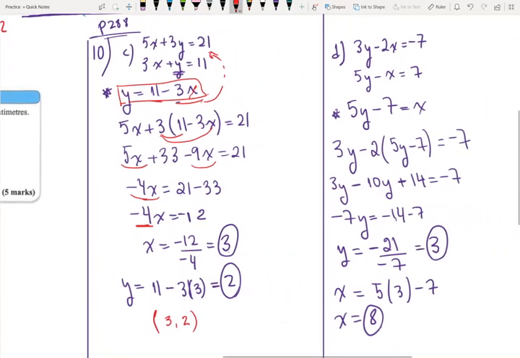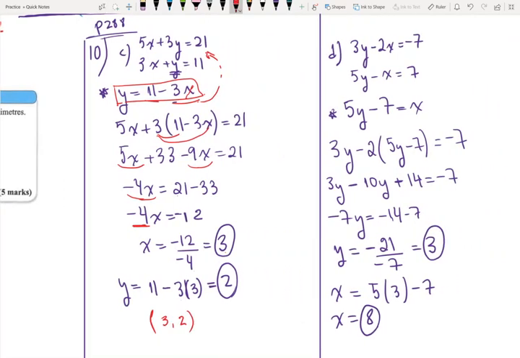In part D, you have 3y minus 2x is equal to minus 7, and 5y minus x equals 7. So let us write x in terms of y. So I take x to the other side so that it becomes positive, and I take the 7 to this side so that I can write x in terms of y.